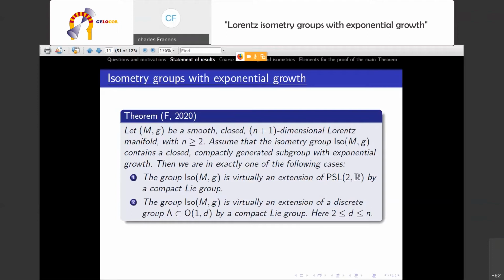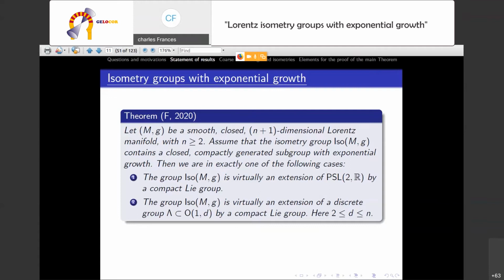And in the second case, it's not hard to check that the identity component is compact and the discrete part is isomorphic to a Kleinian group. One can deduce from the theorem under this assumption of exponential growth that every finitely generated discrete subgroup of the isometry group must be virtually a Kleinian group. Again, a Kleinian group is a discrete subgroup of O1D.